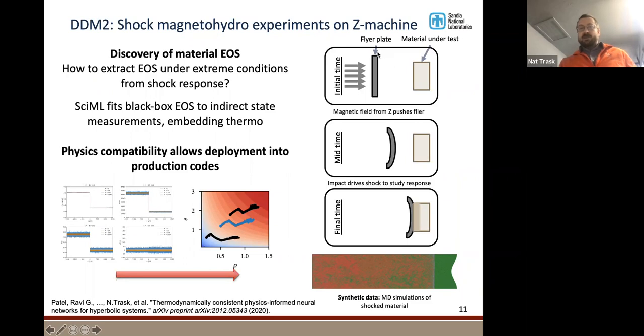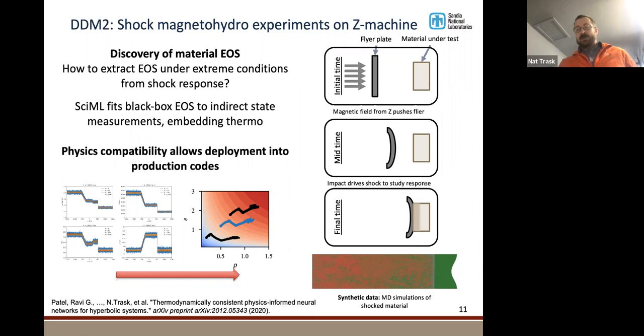You could think of this just as a ballistic experiment. People also do this with things like rail guns or pneumatic guns. Once you launch this plate into the test material, you get to observe how a shock propagates through that material. So the objective is that you get to observe one of these Riemann problems. Then what you'd like to do is fit an equation of state to that data.